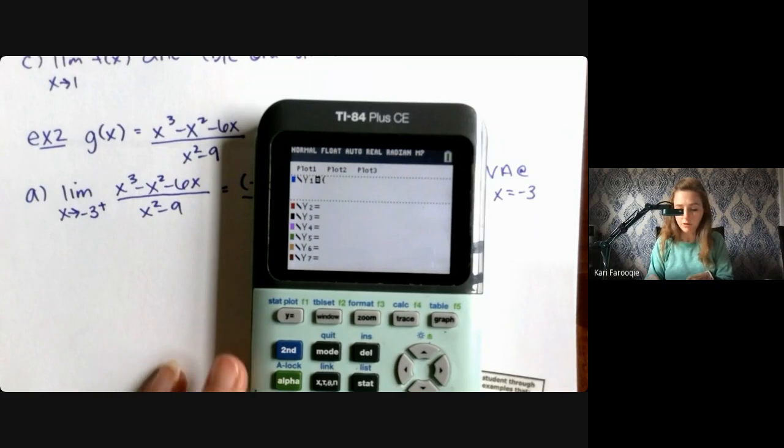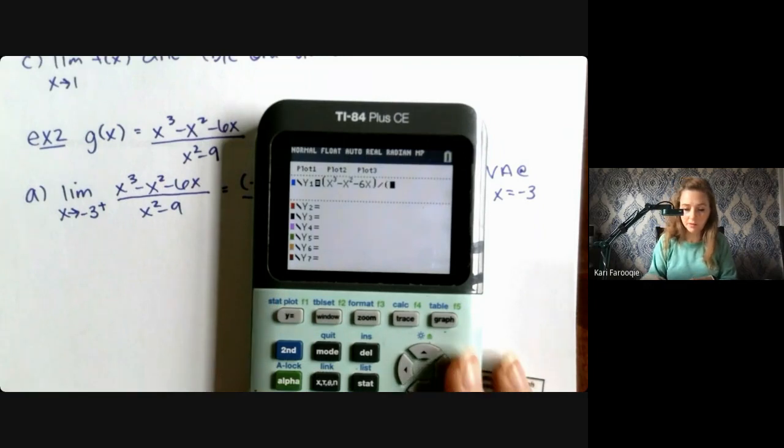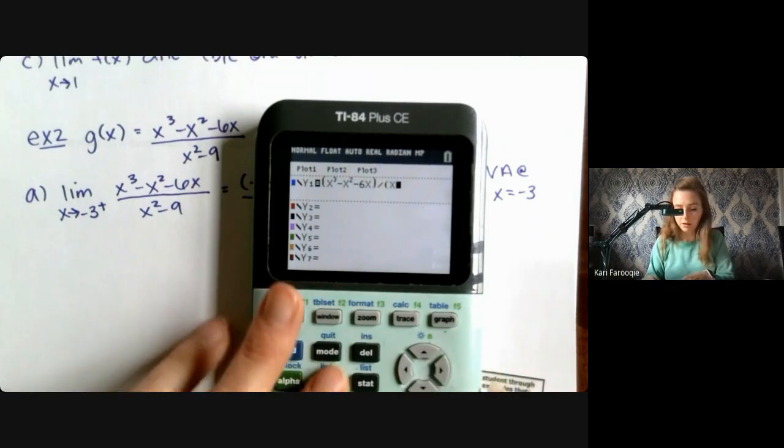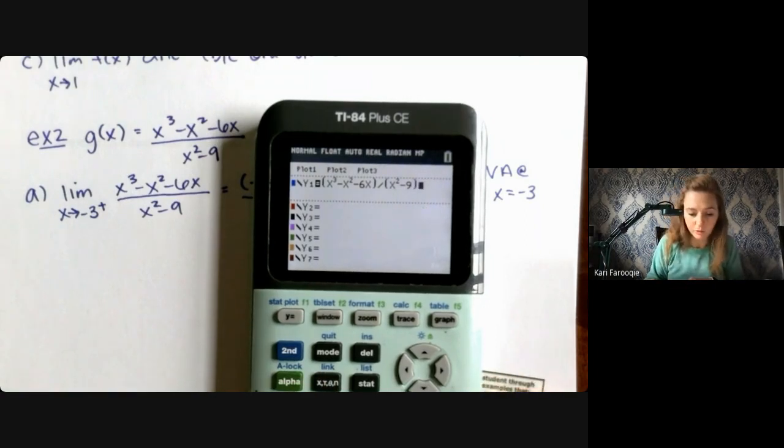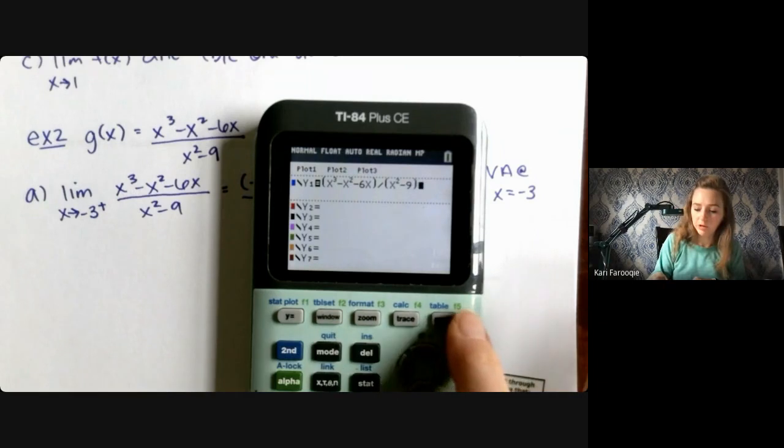I'm going to be very careful to make sure that I put parentheses around the numerator and the denominator. X squared minus 9. So x cubed minus x squared minus 6x divided by x squared minus 9. The whole numerator is in parentheses. The whole denominator is in parentheses. And we will graph it.